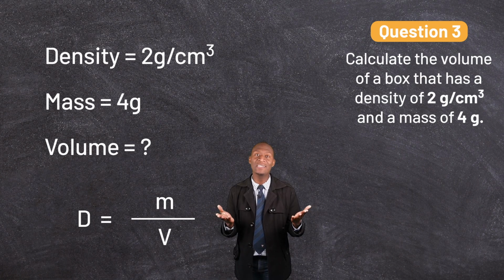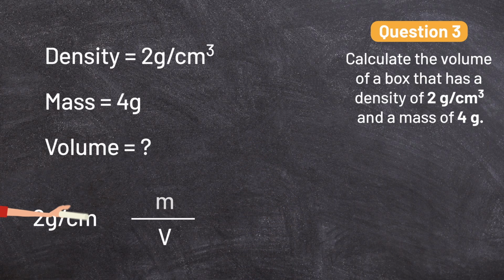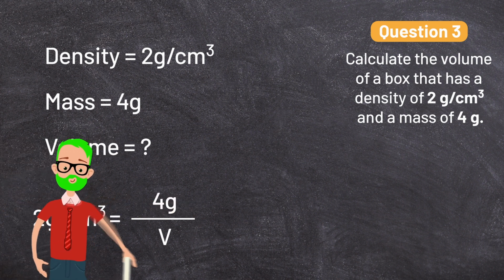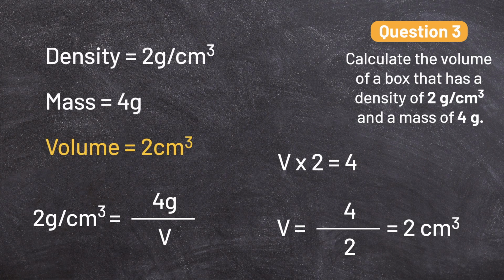Like before, grade 8, we now have to replace the symbols with values. 2 gram per cubic centimeter for density and 4 gram for mass. To calculate the volume, we must take the mass and divide it by the density. In other words, volume equals 4 divided by 2, and that gives us 2 cubic centimeters.